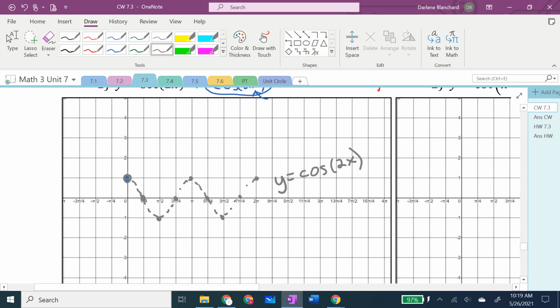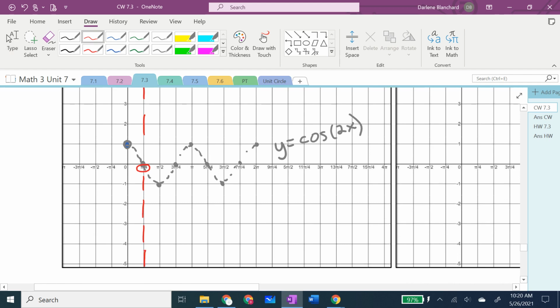Now secant has vertical asymptotes where its same graph as cosine is equal to 0. So I'm going to draw vertical asymptotes where I have x-intercepts.